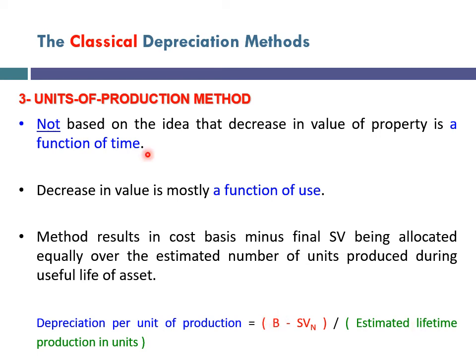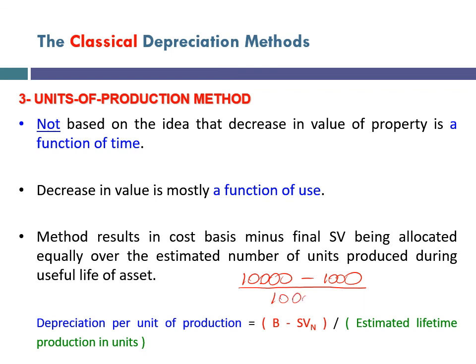So we can say that if this is a car, let's assume that we bought a car for $10,000 and the final salvage value at the end of, let's say, a 20-year useful life, is $1,000. And in these 20 years of time, assume that this car can travel for 1 million kilometers.